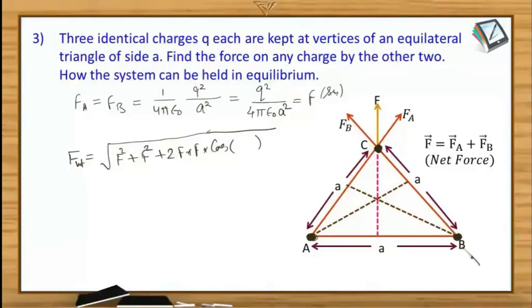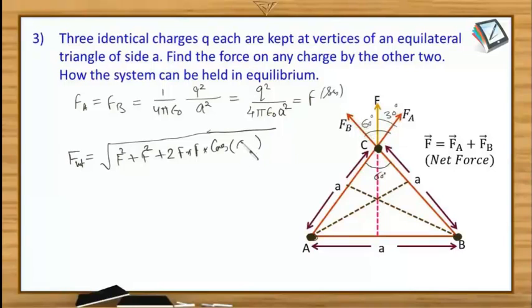Since it is an equilateral triangle, you can easily tell what theta is. What is the value of theta for an equilateral triangle? It is 60 degrees. So vertically opposite angle, this is also 60 degrees. Since both the forces are equal, the resultant is going to be at an angle of 30 degrees with either of these two forces. So 30 or here 30.